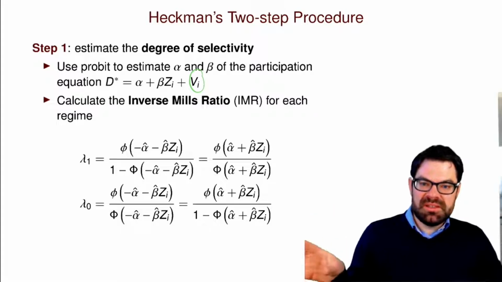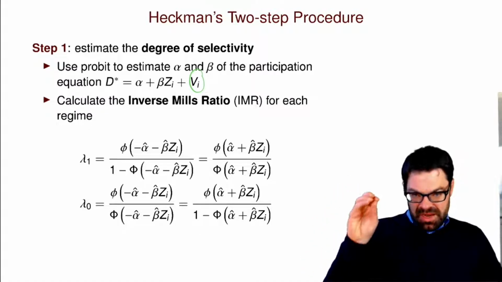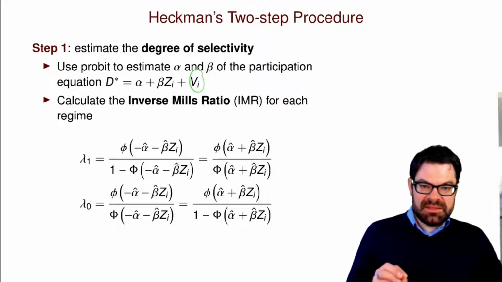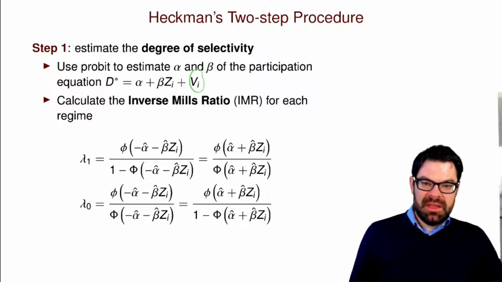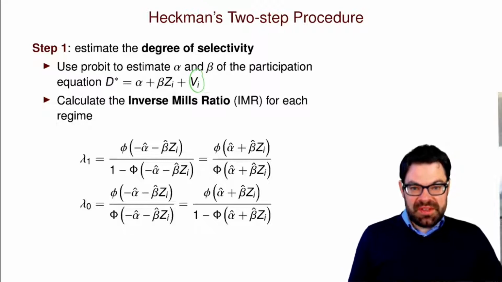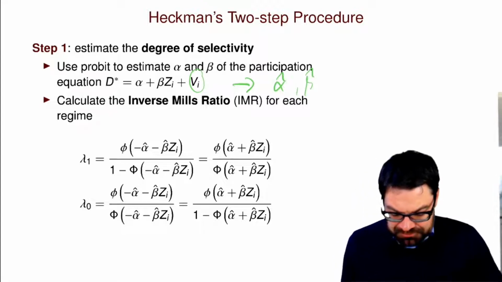So you only see the actually chosen treatment, and z, the instrument. And if you use x variables, you could also include them. So this is estimated with probit, which gives us then an estimate for alpha and also for beta here.